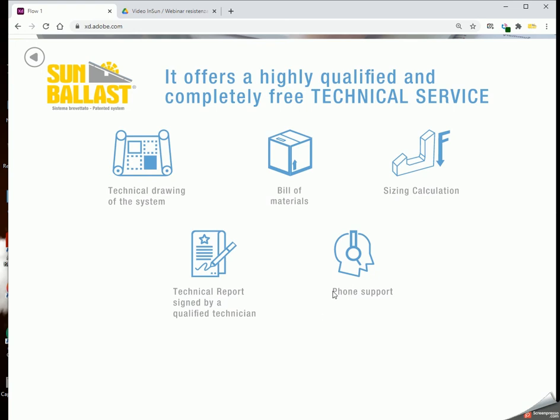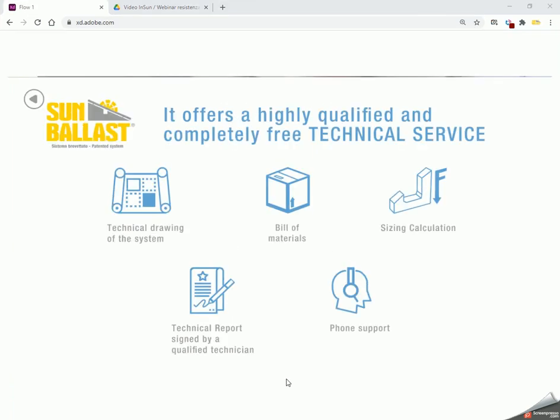Possibly, we also offer 2 more services: the technical report signed by a qualified technician, that in this case is our responsible of the technical department, Andrea Calza, and we constantly offer phone technical support. Now I want to describe better the technical service, and Erald can also add a few things.